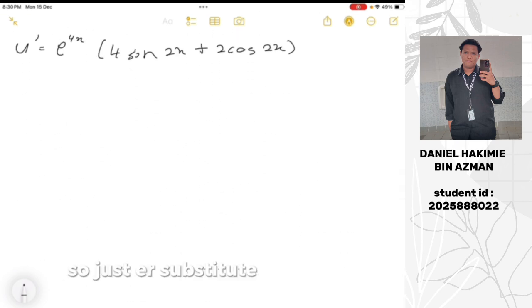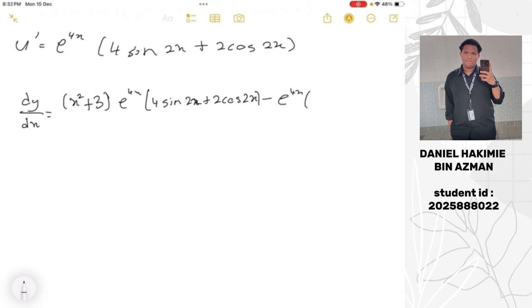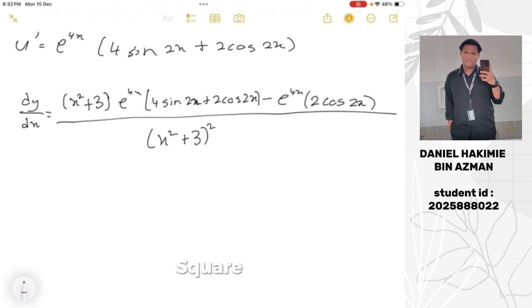So just substitute the values. So dy/dx equals ((x^2 + 3) times e^(4x)(4 sin 2x + 2 cos 2x) minus e^(4x) multiplied by 2x cos 2x) over (x^2 + 3)^2.